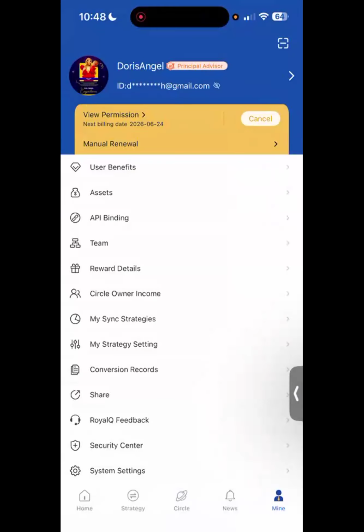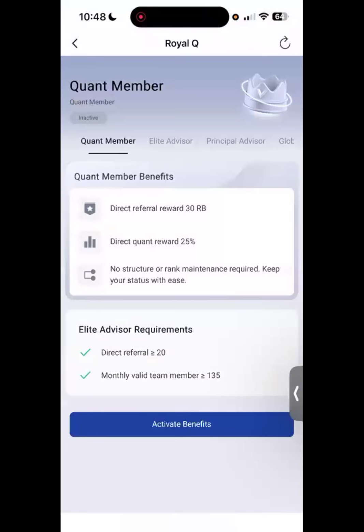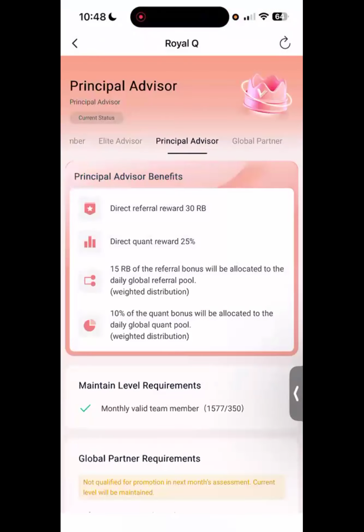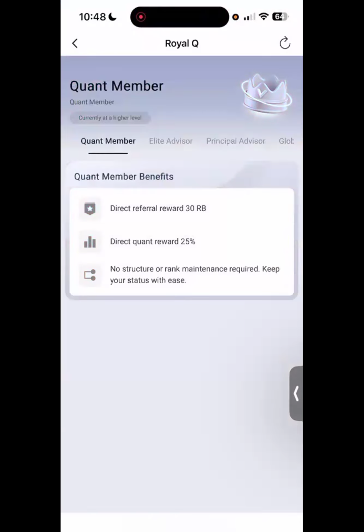All right. So what else do we have to look at? User benefits. Those who are interested in sharing the opportunity, because they're like, I've been sharing this, sharing that, they don't give me anything. If RoyalQ says I should share and they'll give me something, why not? Let me see what are the benefits of me sharing the opportunity. So we have the Quant member.